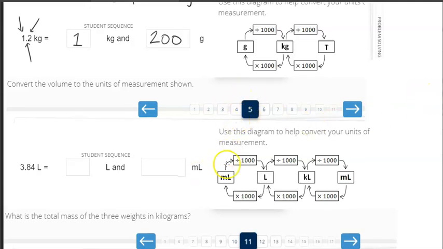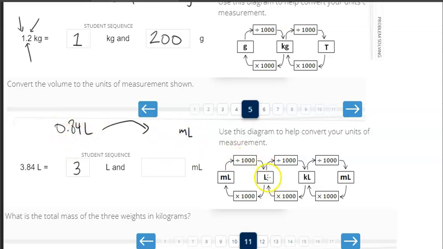This is question 5, but we're now converting from liters to milliliters. So 3.84 liters. We know that it's 3 liters because we looked to the left of the decimal point. And now we have 0.84 liters left that we want to convert to milliliters.